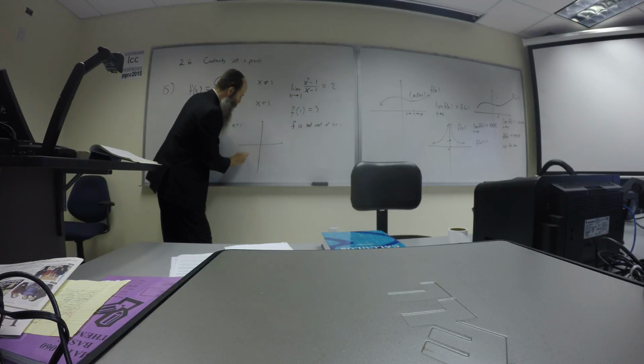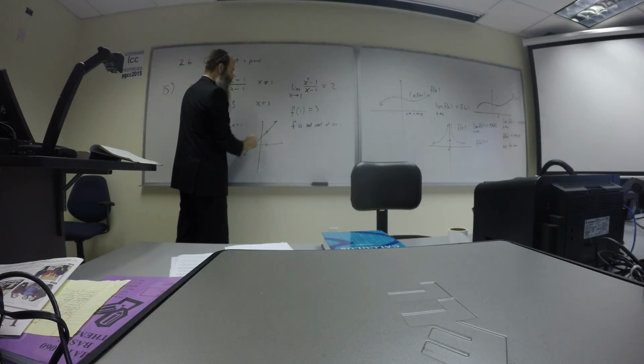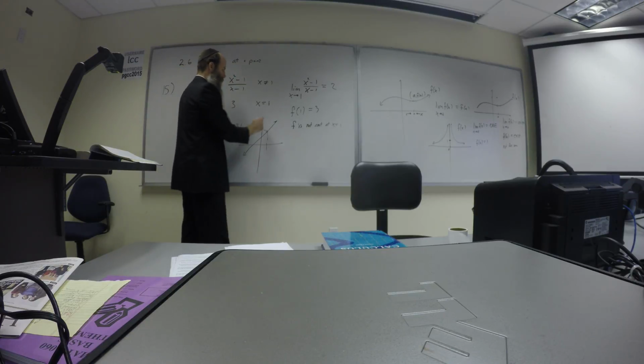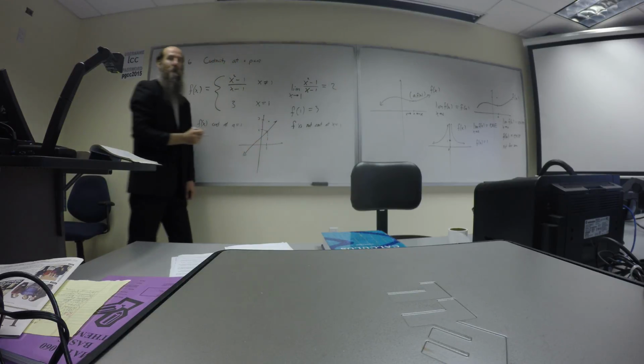Right. So it looks like that, sort of. And over here at 1, there's a hole. And that hole height is 2, approximately. But what's the function at 1? It's actually higher. It's actually here at 3, and it's filled in. So that is the picture we're talking about right now.